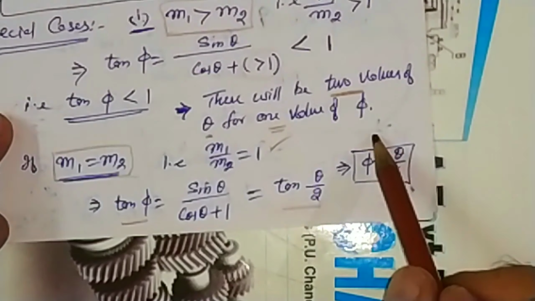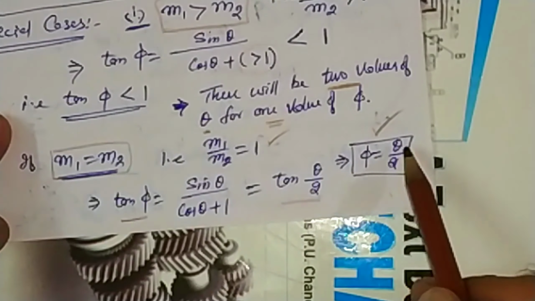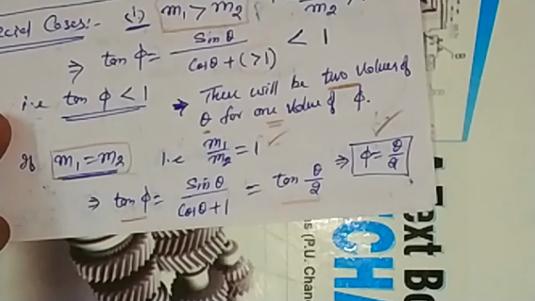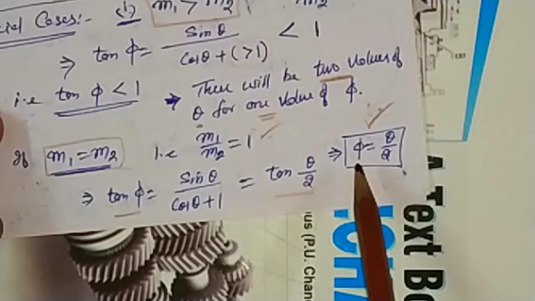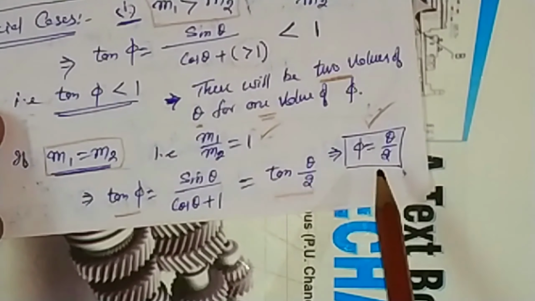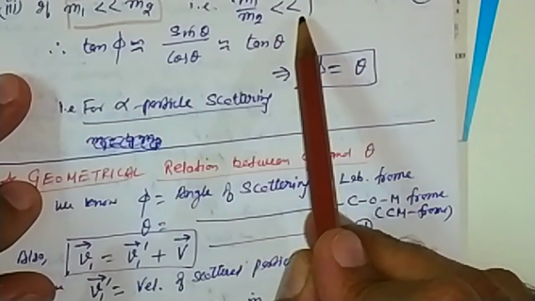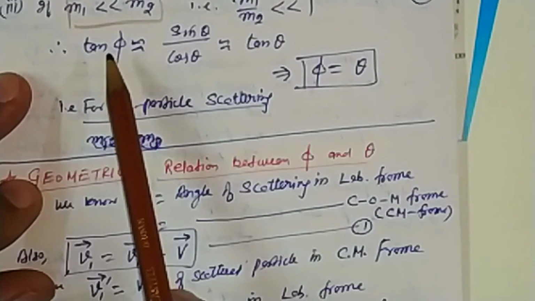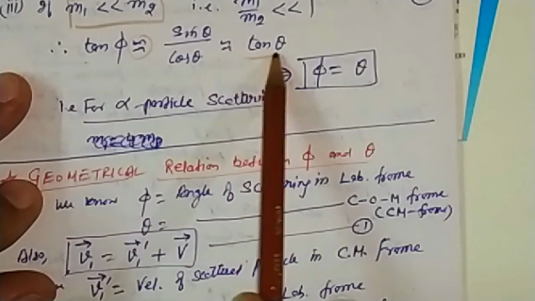Thus, the relationship between the angles of scattering in lab system and center of mass system is that the angle of scattering in lab system is equal to half the angle of scattering in center of mass system. And the third case, when m1 is less than m2, that is m1 upon m2 is less than 1, in this case tan phi is nearly equal to tan theta.